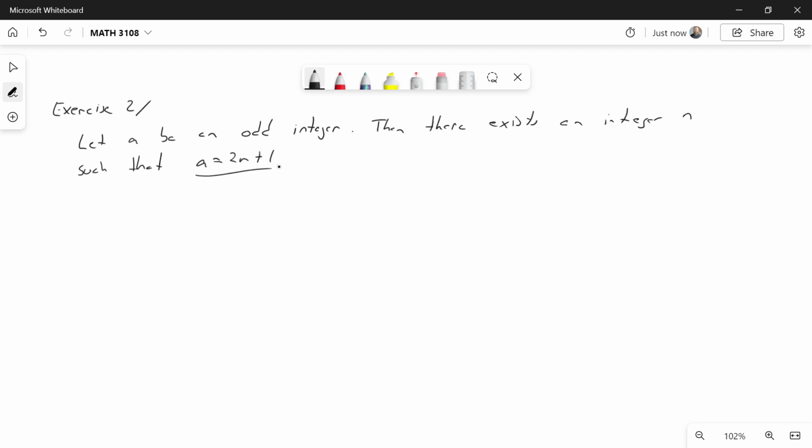So this is what we want to be able to do. We want to use the division algorithm to show that when we end up with these two specific cases, it's going to end up with something of the form of this 2n plus 1. We just need to figure out what the n is going to be. So we're going to use the division algorithm, because that's what the question is telling us to do.